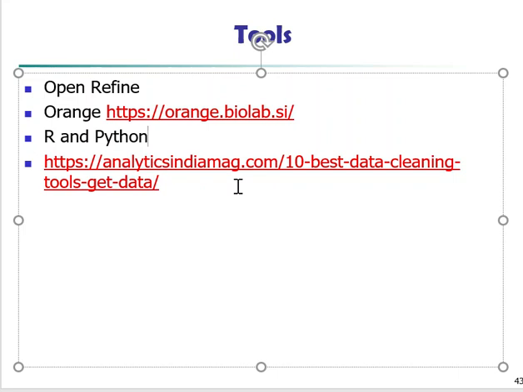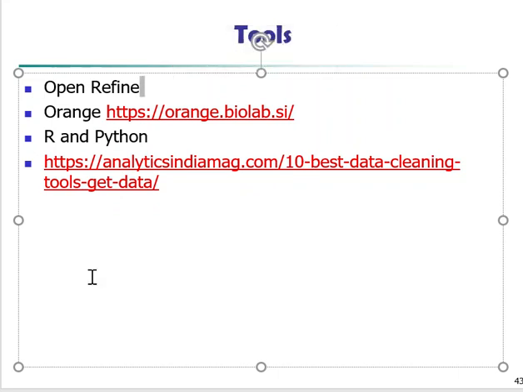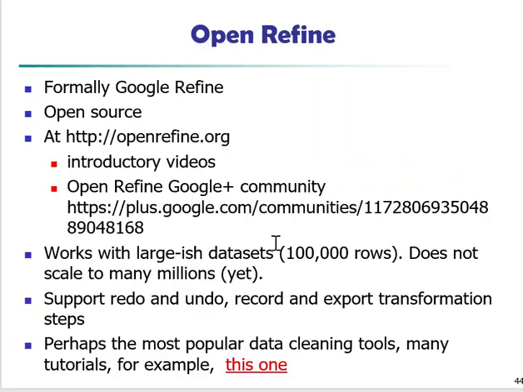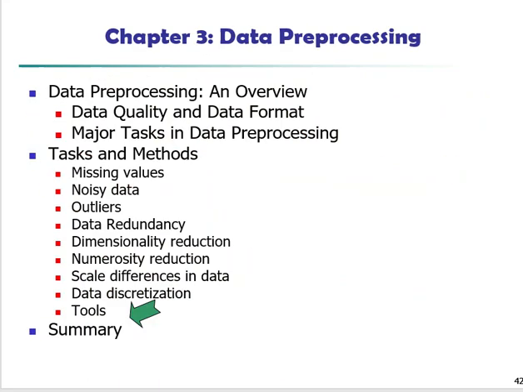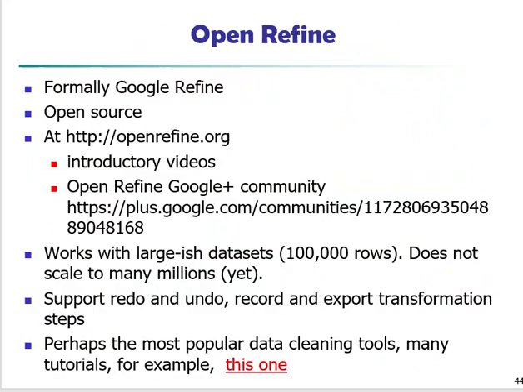And there are lots of data cleaning tools. The one that I recommend you check out is OpenRefine. OpenRefine was formerly called Google Refine. It's open source software and has built a pretty wide user community.